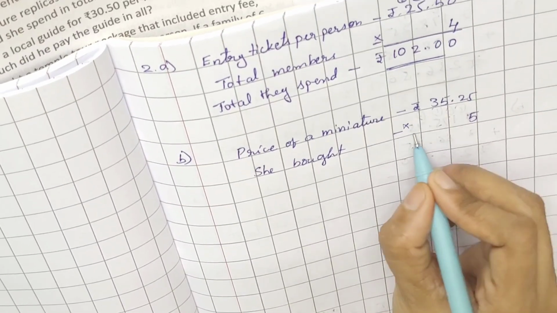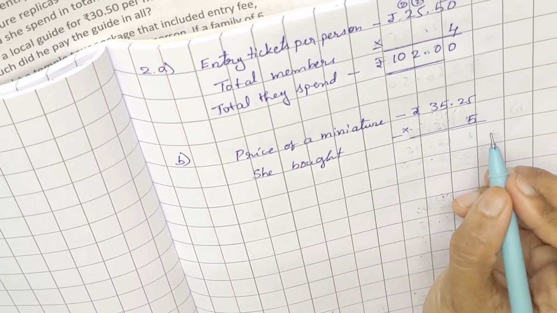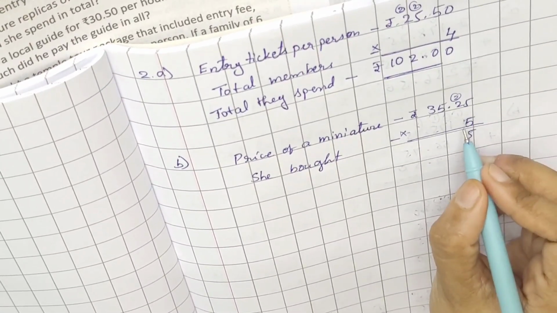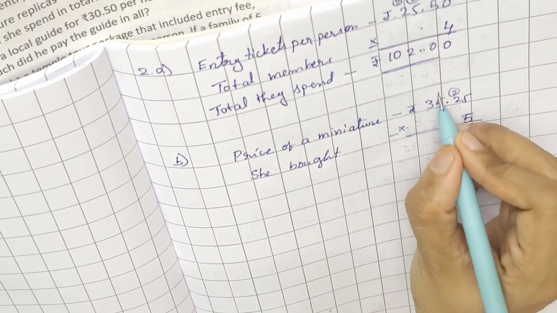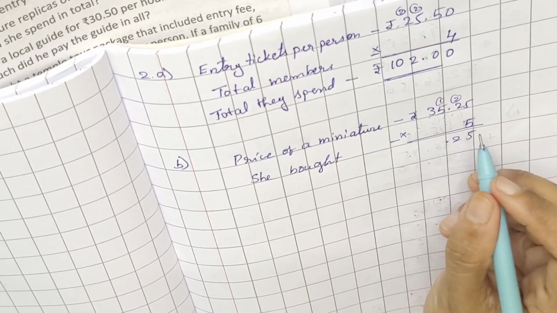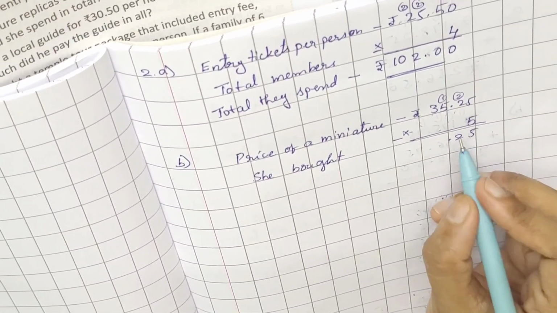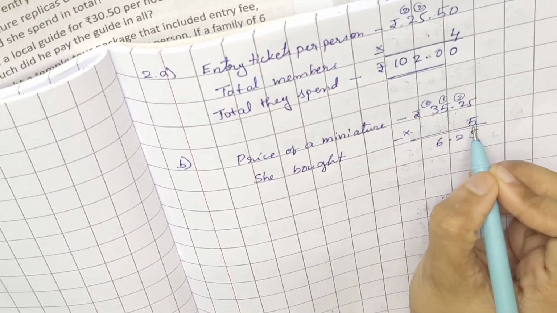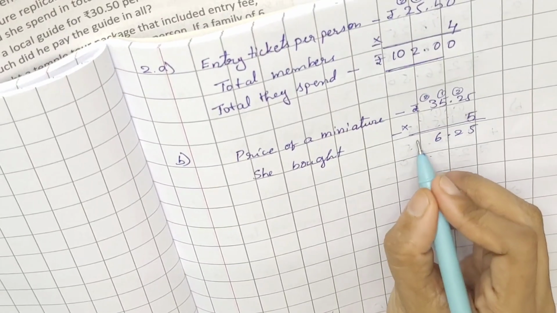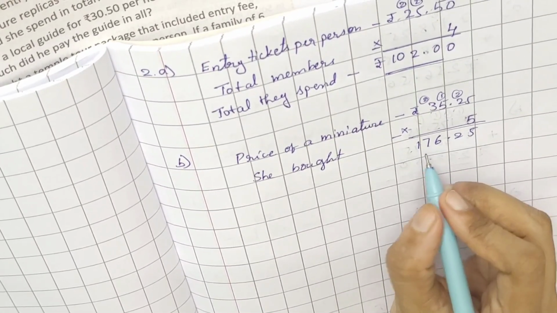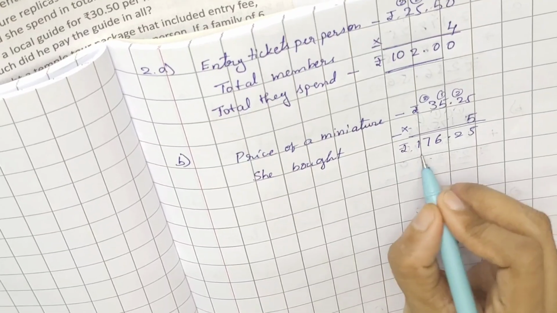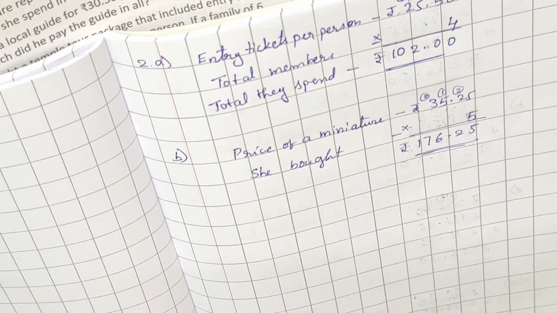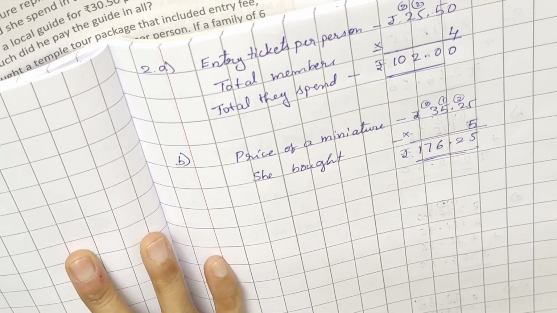So we have to multiply this. So total she spent 176.25, 176 rupees 25 paise. Okay.